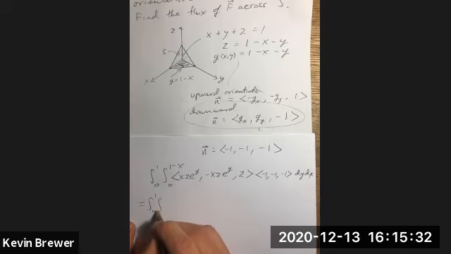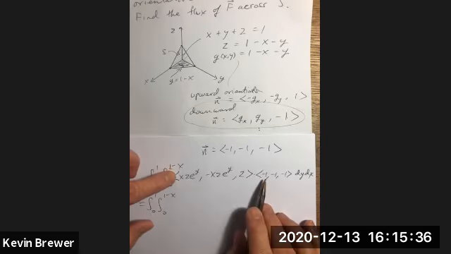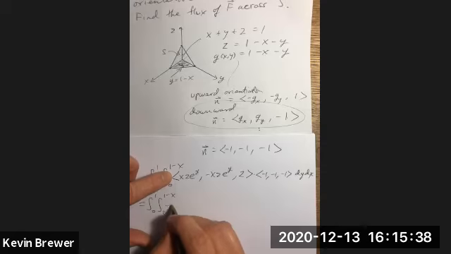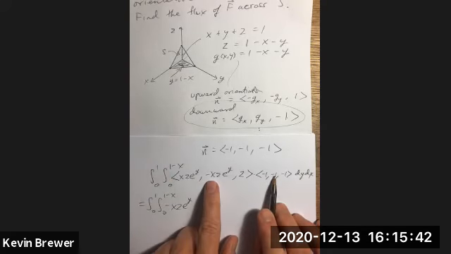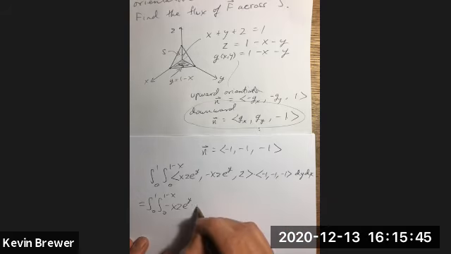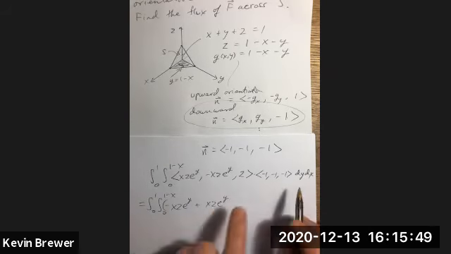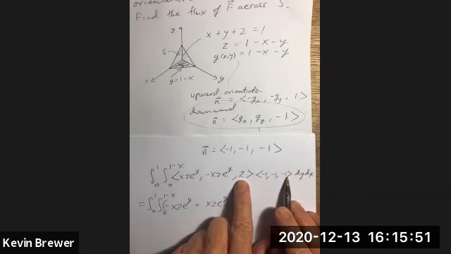So 0, 1, 0, 1 minus x. This is minus xz e to the y. This product here is plus xz e to the y, and then minus z.